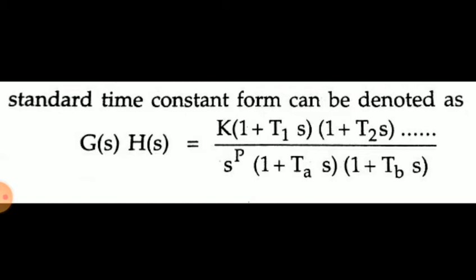The standard form of the open loop transfer function, denoted as G(s)H(s), is equal to K into (1 + T1 s)(1 + T2 s) upon s raised to P (1 + Ta s)(1 + Tb s). So you have to arrange the given G(s)H(s) in time constant form. This time constant form is shown in this slide.